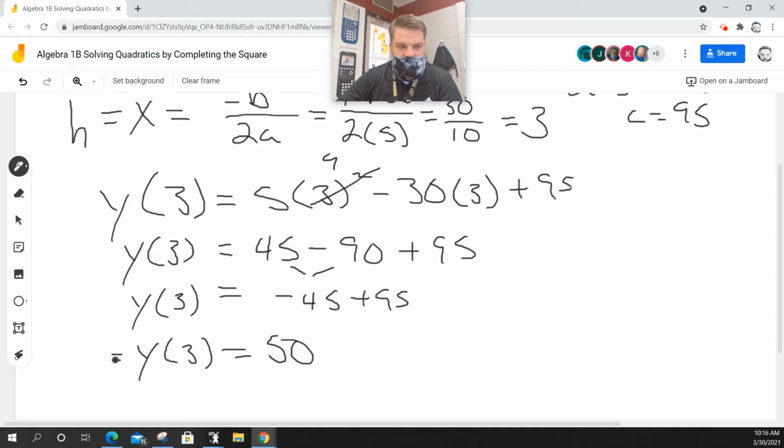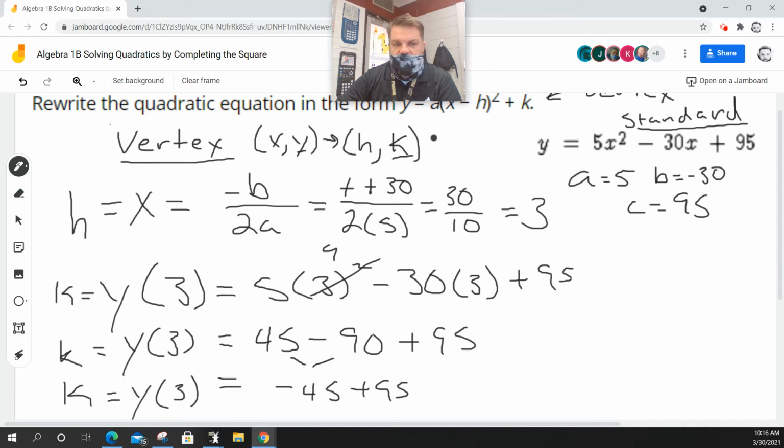Now y of 3 is actually the k value. So all this stuff is the k value. We don't need no stinking calculator. So my h comma k then is 3 comma 50.